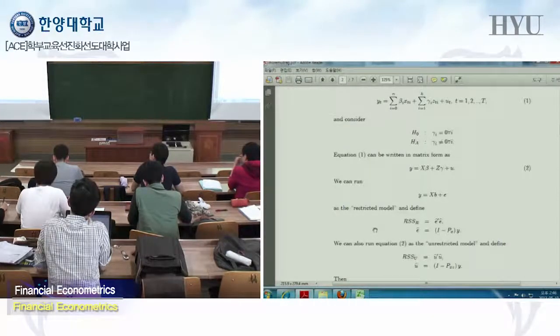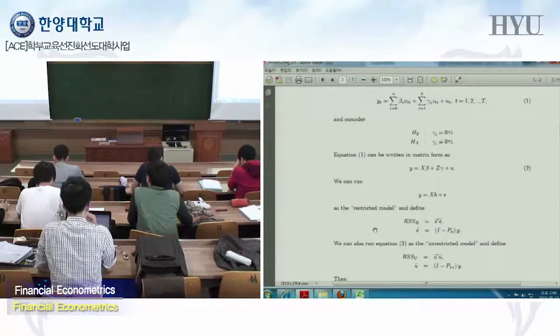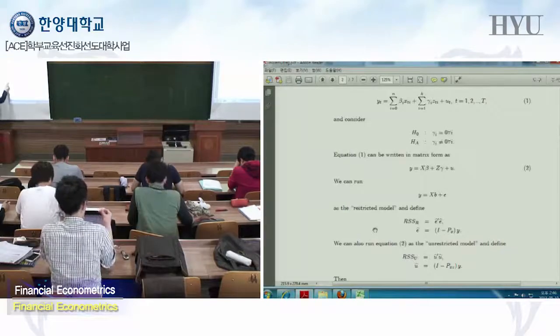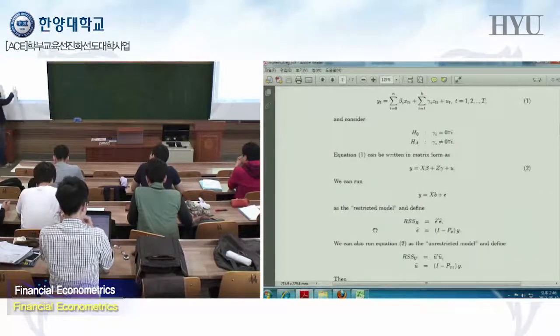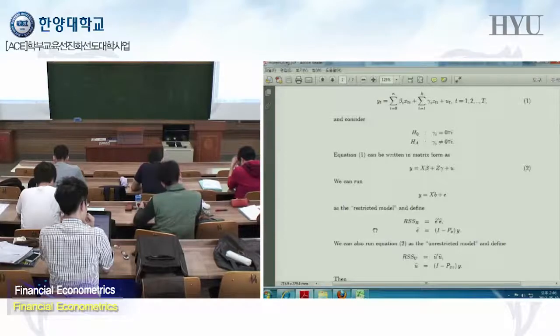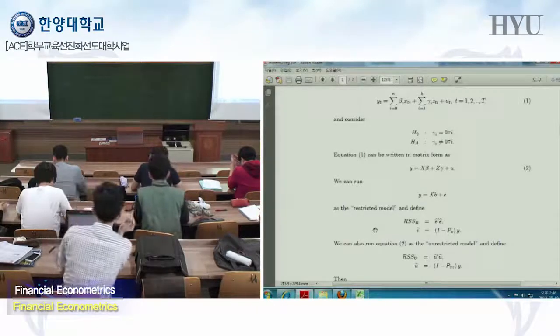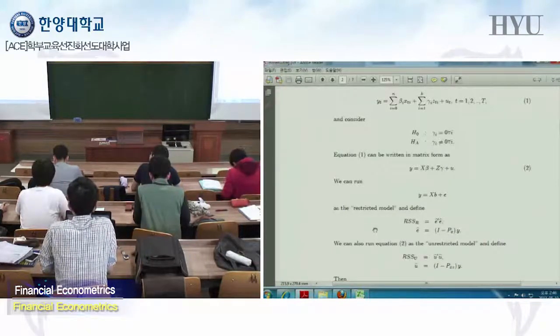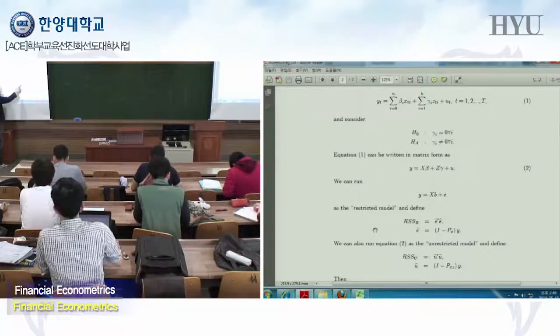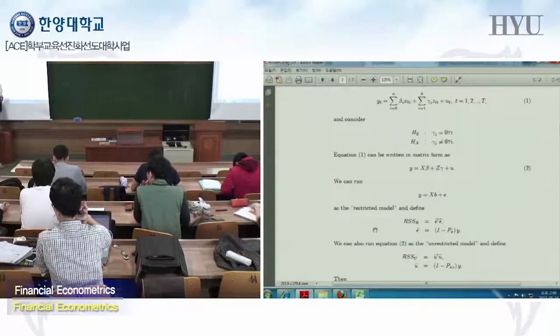First, we run the regression using the restricted model, and we get the residual sum of squares of the restricted model. Okay, so we run the regression, we generate the error term, and we square and sum the error term, right? Basically, the error vector e hat. Okay, e hat is, as you know, the projection of y onto the null space of X, which is I minus P_X.